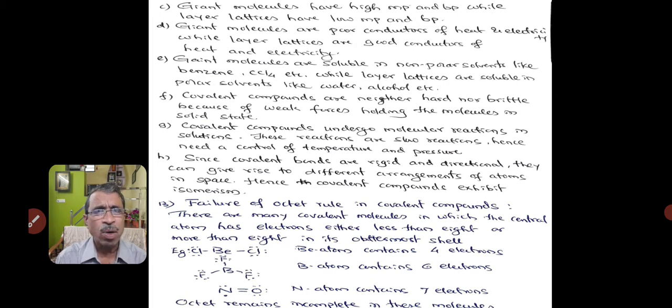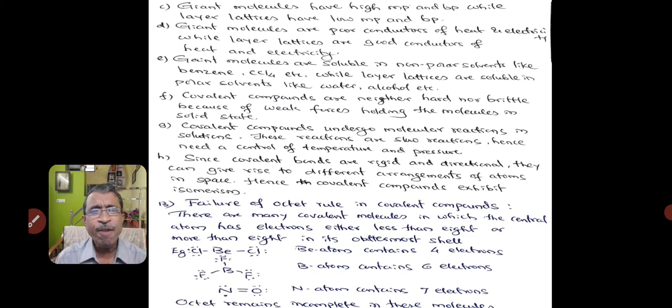In beryllium chloride, the beryllium atom is attached to two chlorine atoms through two covalent bonds. Each covalent bond gives 2 electrons. Therefore, beryllium chloride is a stable molecule where beryllium contains only 4 electrons, but still it is stable.